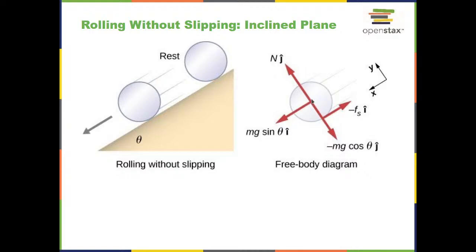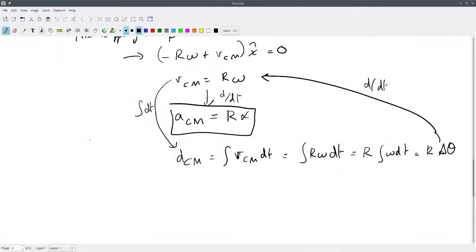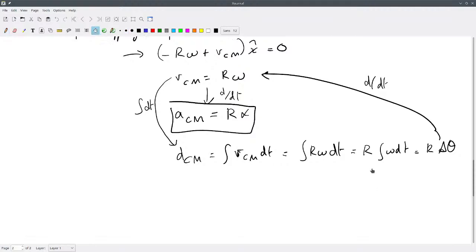And then we're going to relate the angular acceleration and the translational acceleration in the x direction because we're rolling without slipping. That will allow us to use exactly this relation here that I've put in a box. So let's start with that.